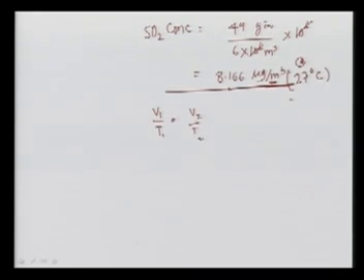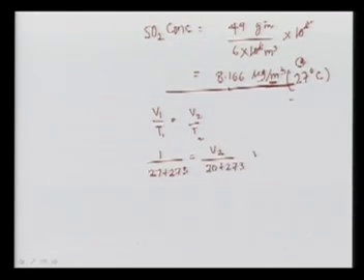V1 is my 1 meter cube at 27 plus 273, and the volume I want to find is at 20 plus 273.